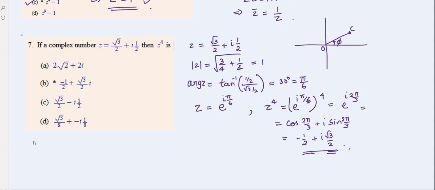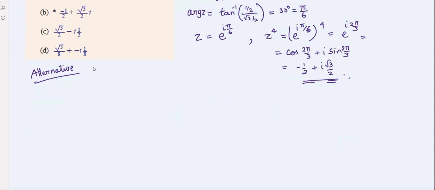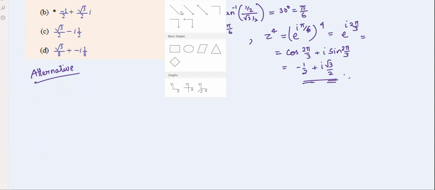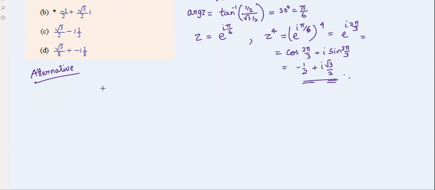Another alternative to do this, if we remember, is through complex cube roots of unity. Now cube roots of unity, there's a unit circle.